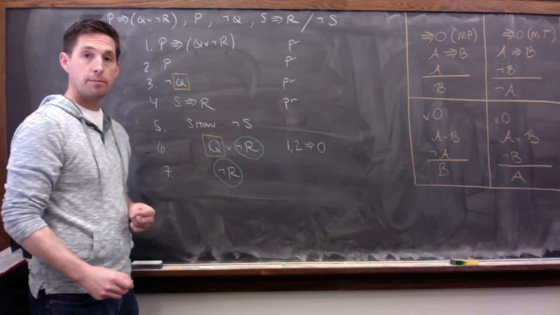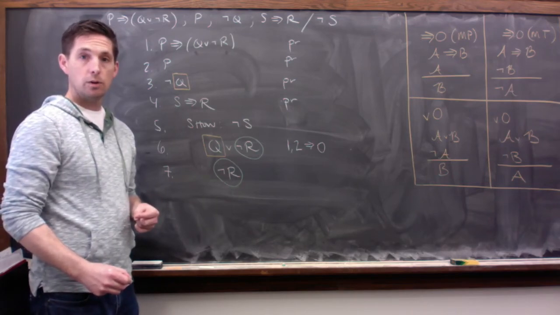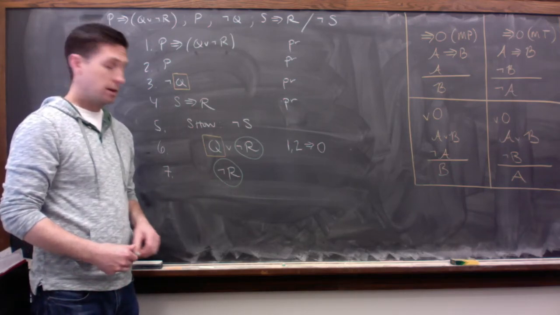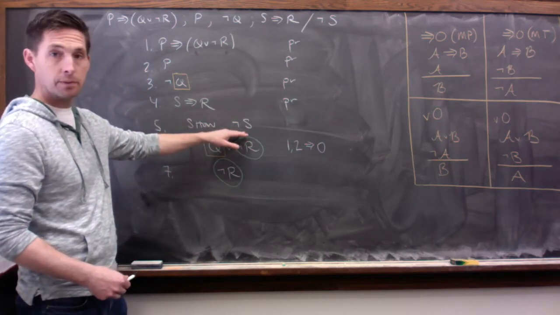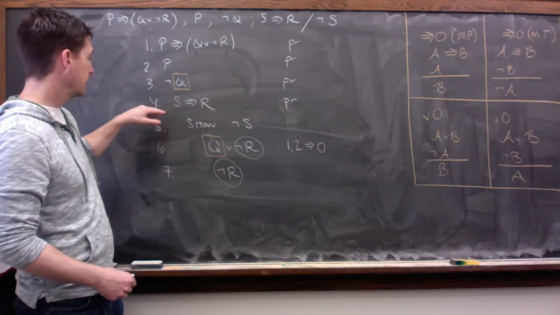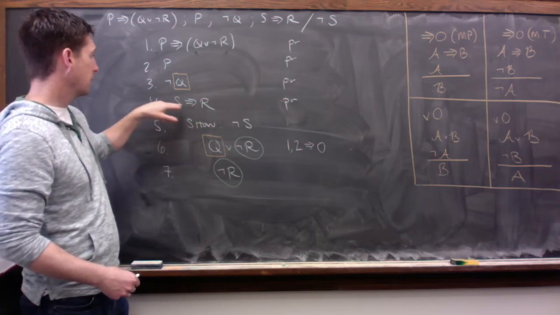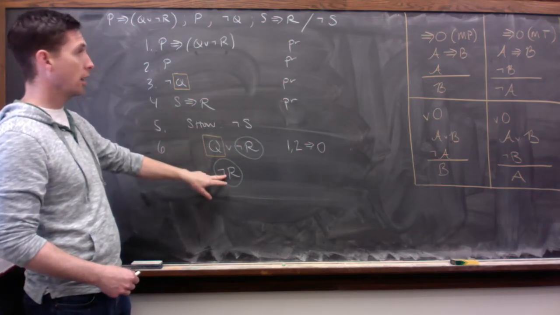That is not R. That's how that rule works. Now, we're not quite done with our derivation because we're trying to get not S and we don't yet have it. But if you look at line 4 here, it says if S, then R. That is S arrow R, and we've got not R.